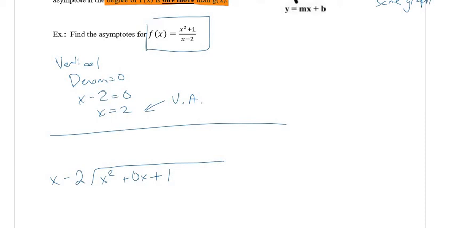And so we're going to try and get rid of the x squared first. So we're going to try to figure out what we have to multiply x minus 2 by to turn it into an x squared. And we're going to have to multiply it by an x. So now we multiply x minus 2 by x, and we get x times x is x squared, and then minus 2x.